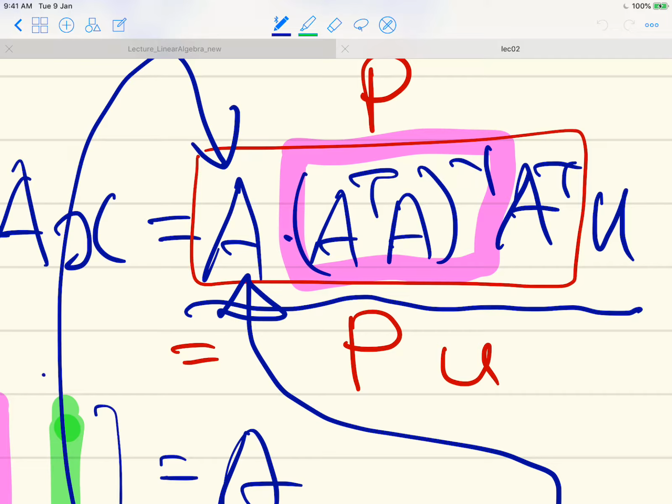In the case of a square matrix, having linearly independent columns is equivalent to being invertible. So A is invertible when A is square and has linearly independent columns. Also, if you're given a square matrix and your columns are linearly independent, then your matrix is invertible, right?